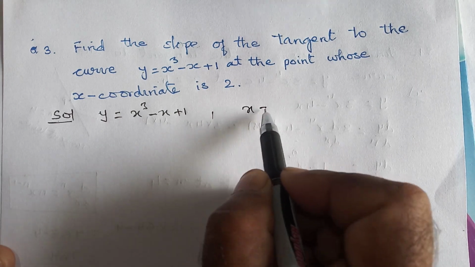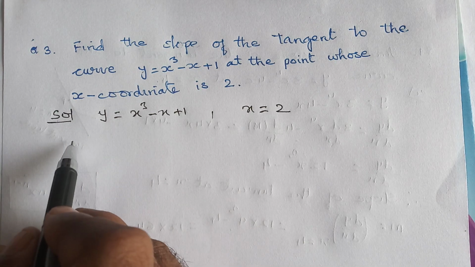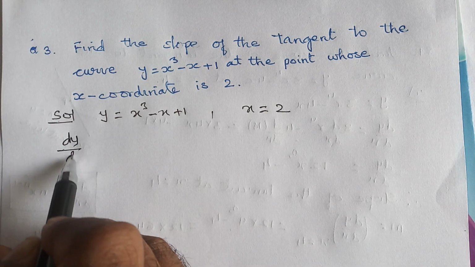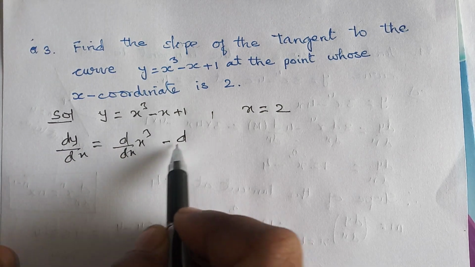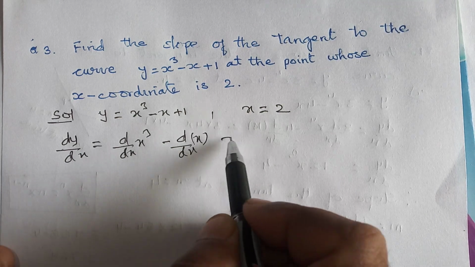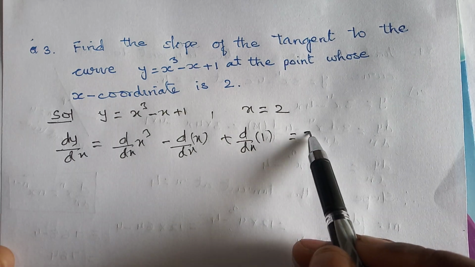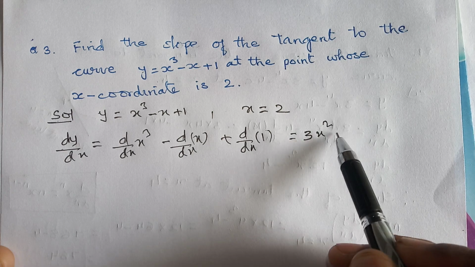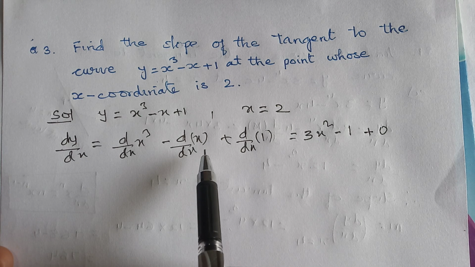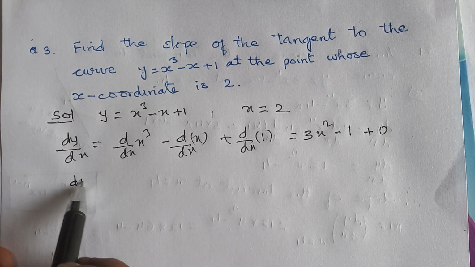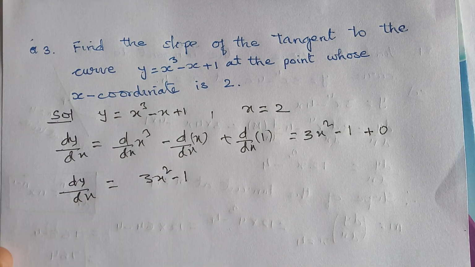Same process, differentiating with respect to x on both sides, dy by dx, d by dx of x cube minus d by dx of x plus d by dx of 1. If you simplify, 3x square minus 1 plus 0, because x's derivative is 1. Simplifying more, you will get dy by dx equal to 3x square minus 1.